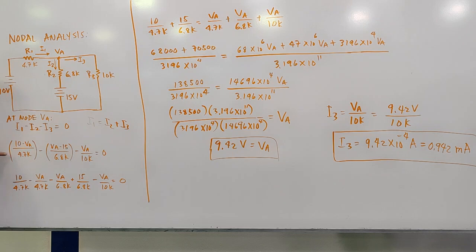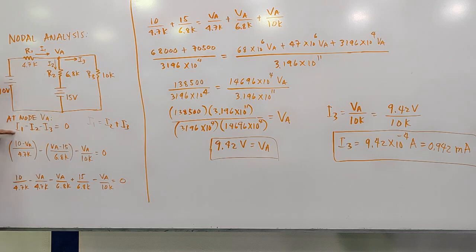As you can see here, the second equation shows the equivalent I1. This is Ohm's law: I is V over R. But the issue here is, what is V? Be careful with the V equivalent.